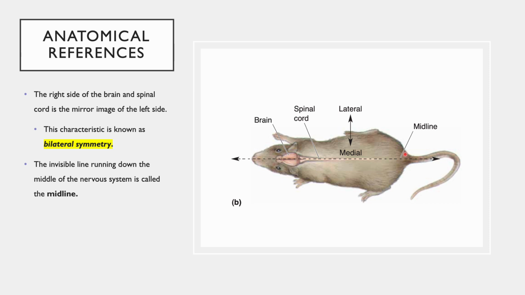Another way that we can describe the location of a different area of the brain is through this invisible line running down the nervous system called the midline. Whenever a brain structure is closer to the midline, it's referred to as a medial structure, whereas a brain structure that's farther away from the midline is referred to as a lateral structure.